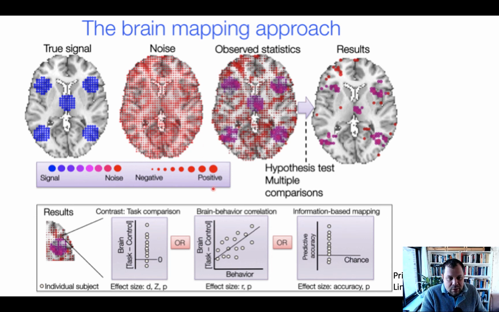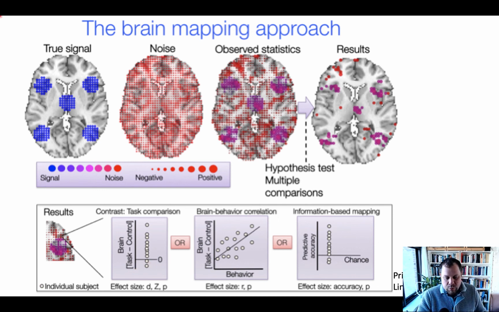So the way that this looks like in the statistics is that we're entering each individual subject's contrast here into these results. So these are the group level statistics that I talked about earlier. And then if we look at each voxel, what we get is a distribution looking at the contrast task versus control for each subject. So some subjects will have a relatively large response there and others will have a relatively small response.